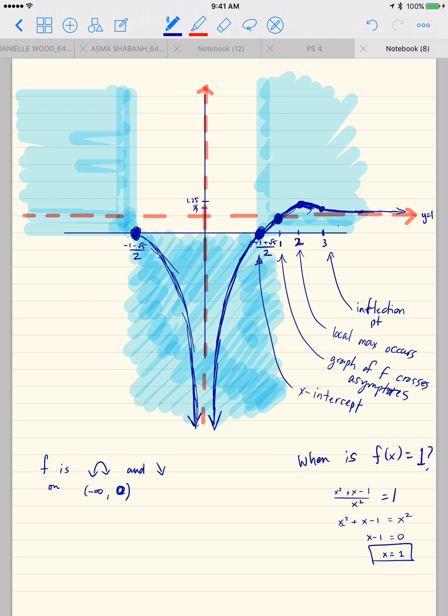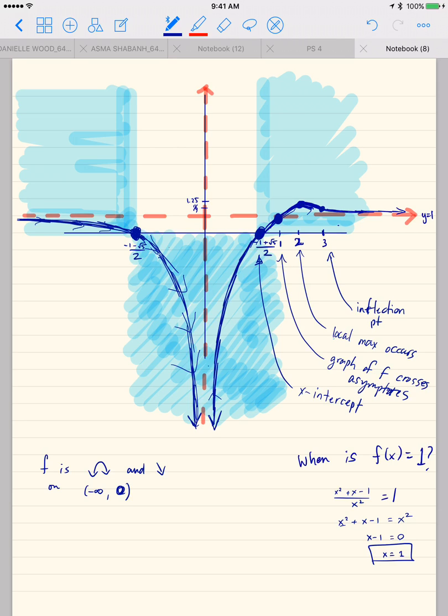And remember, the function only crosses the y-asymptote once. So we've only got one way we can kind of draw this, which is like that. Right, so we've drawn, so you can kind of see our function is decreasing, it's concave down.